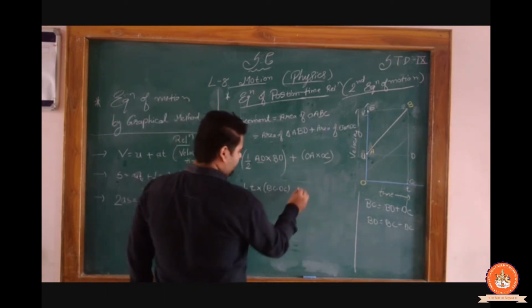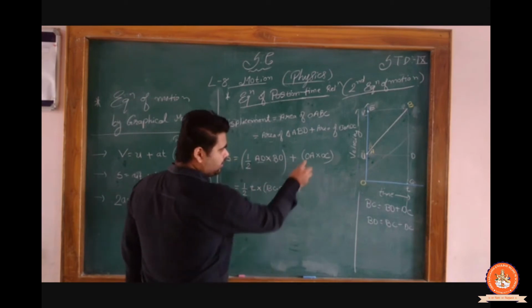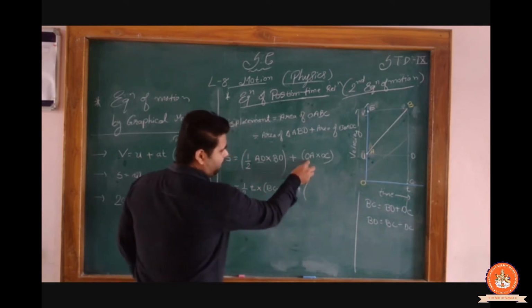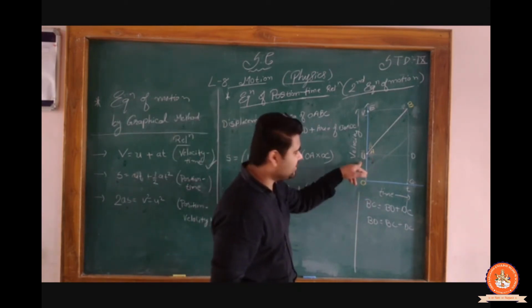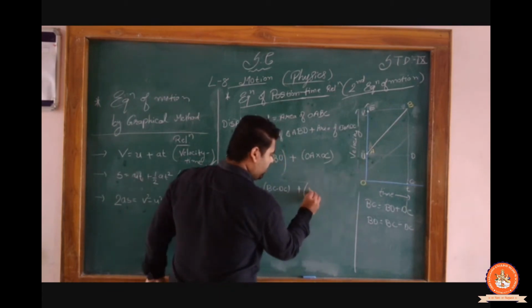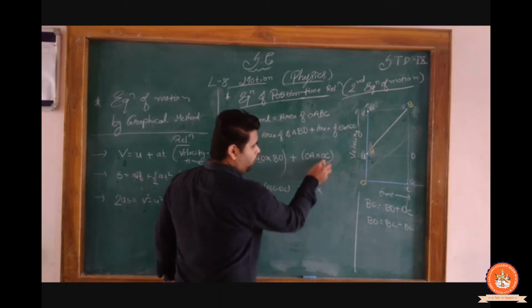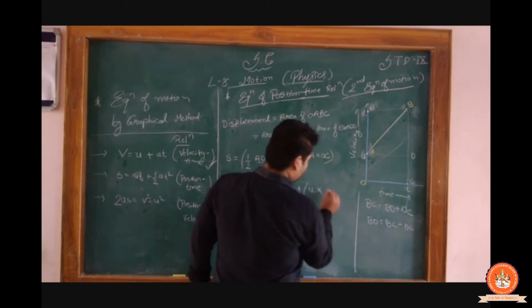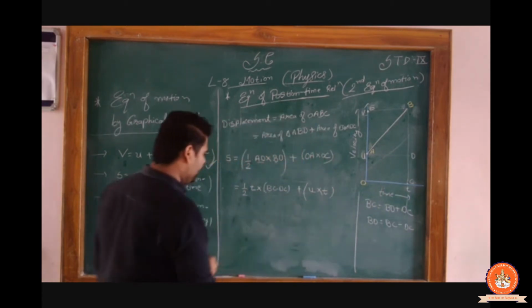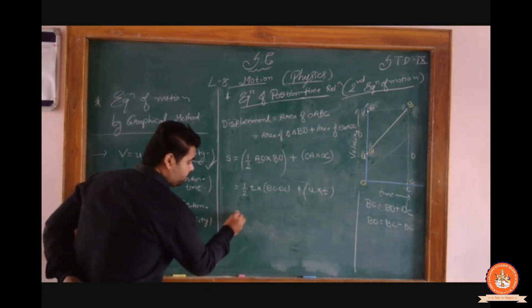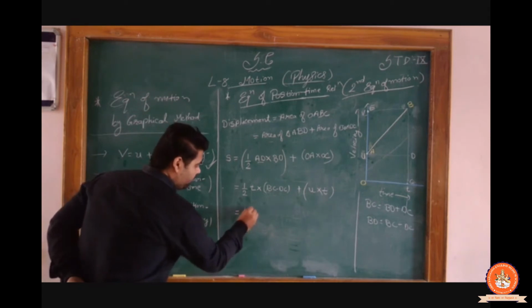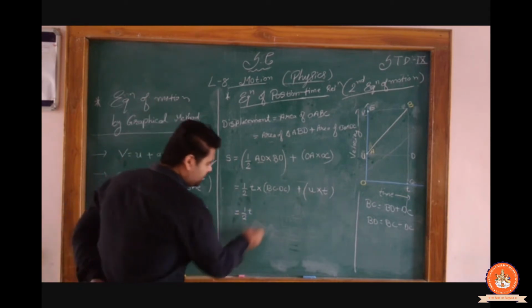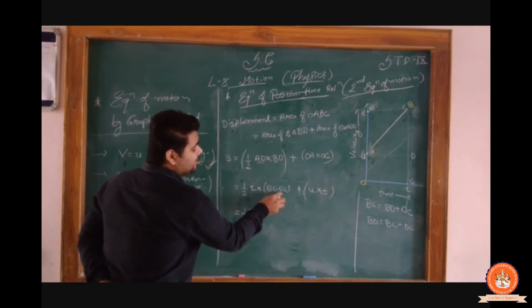Clear, bachawade? Now it's a plus, then OA. OA is the initial velocity u multiplied by OC. OC is the time t. Now 1/2 t is as it is, and BC minus DC.